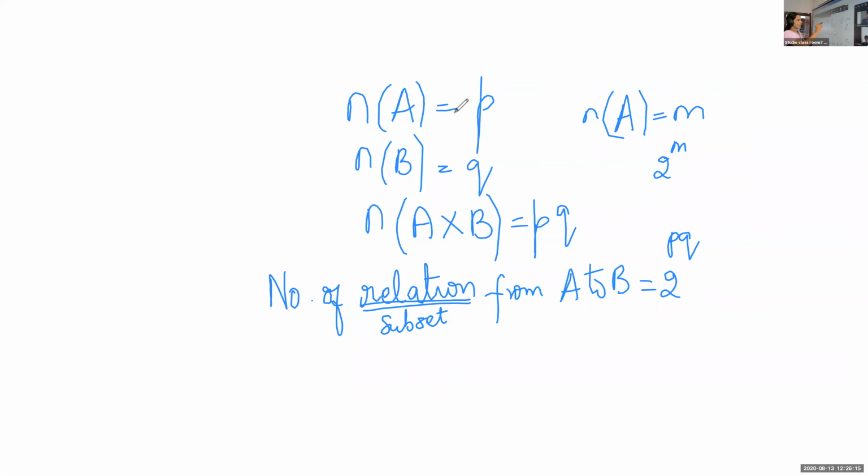So, if N of A is P and N of B is Q, then the number of elements in A cross B is PQ. So in this case, the number of relations from A to B is 2 raised to PQ.